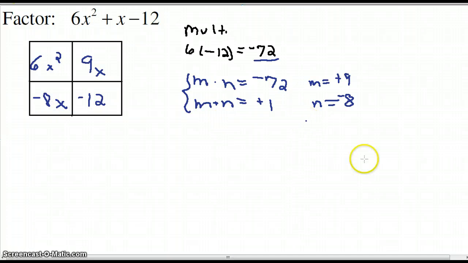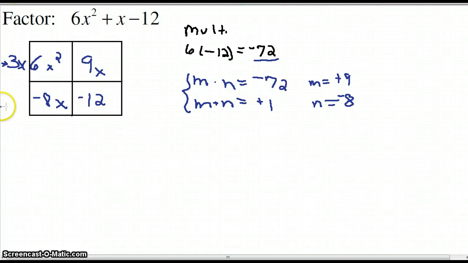Okay, great. Just a couple steps away from being done. We have to factor out the greatest common factor from each row and each column. And so here's the first row. The greatest common factor amongst the terms that are in this row is, as far as the coefficient is concerned, a 3, and they both have an x on them. So we factor that out.